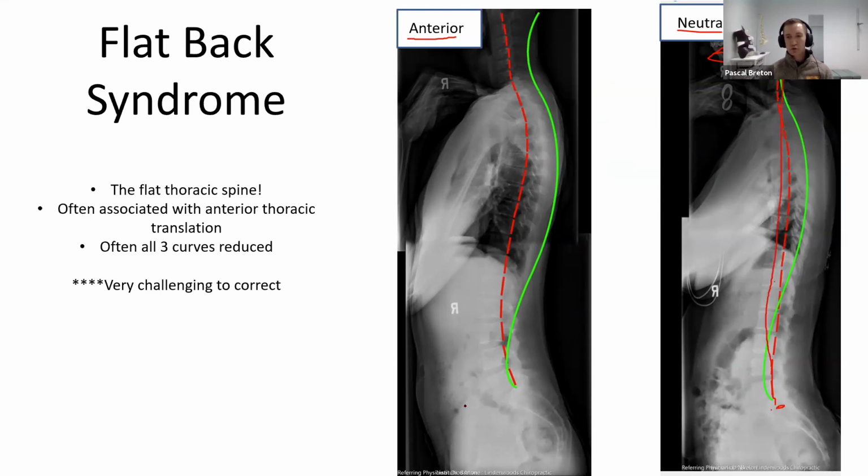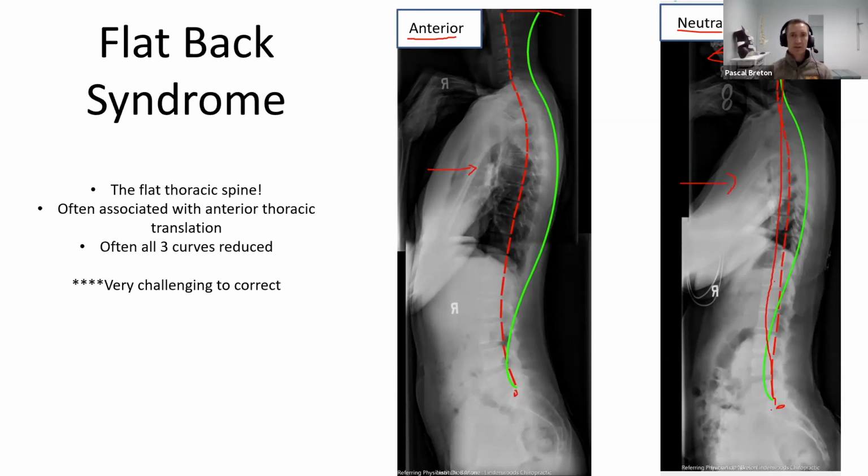So this is a true loss of curve in all three areas. This spine is more challenging to change than this spine. Why? Because when I see this one, so everybody can appreciate, I'm using my software, Posture A here, the green line is where this patient should be based off of their pelvis. I won't go through the same measurements, but you can see that the software put the line on the patient's spine for me.